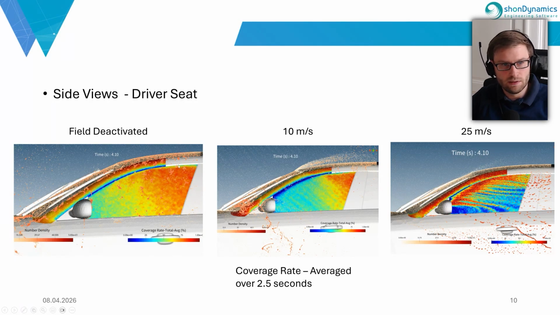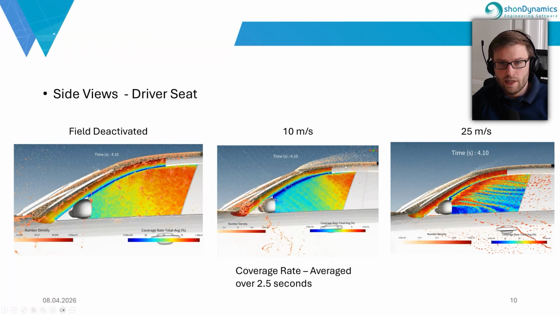We see chunks of fluid collected on top of the car and on the A pillar, and then it drops down to the side window, and we have a distribution mainly around the back of the side window. I think the more interesting cases are the 10 meters per second case and the 25 meters per second case.